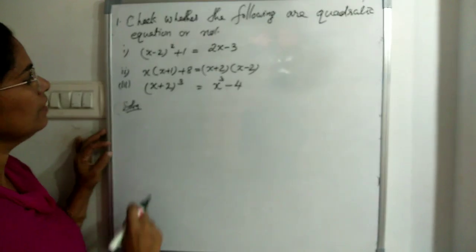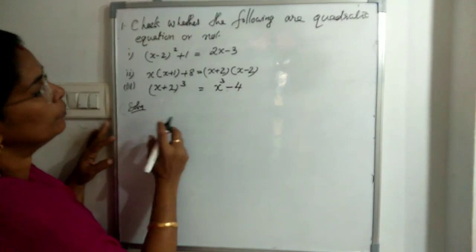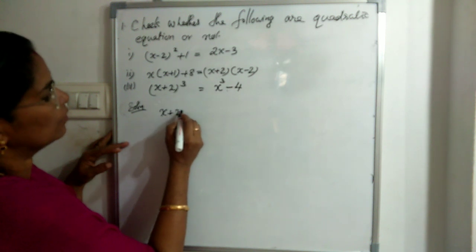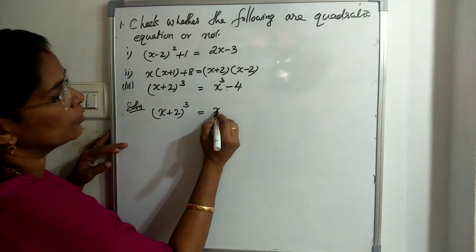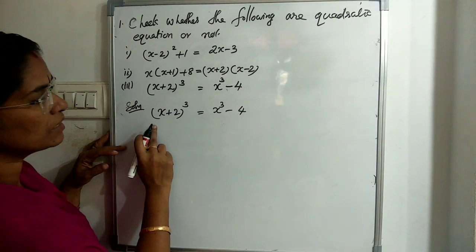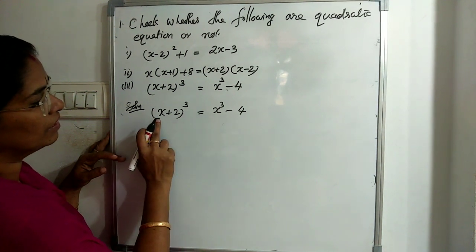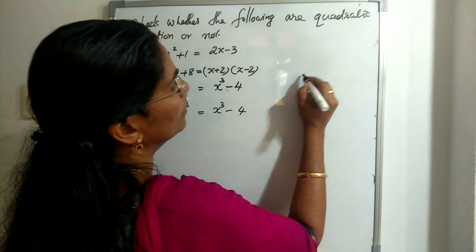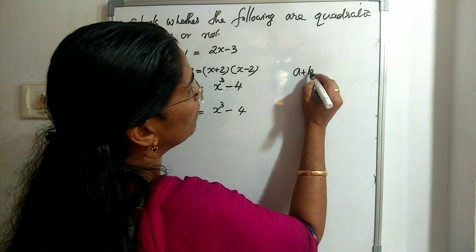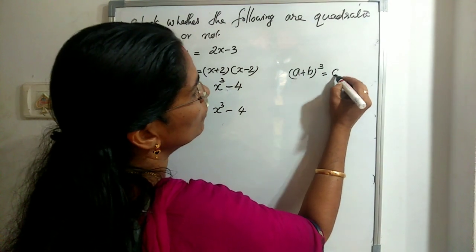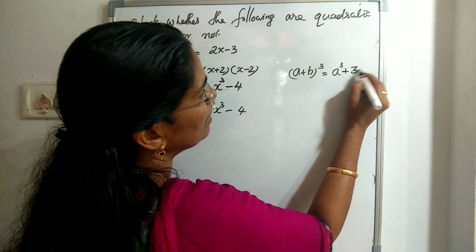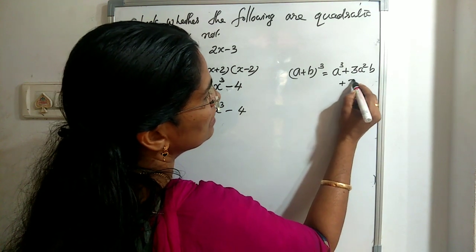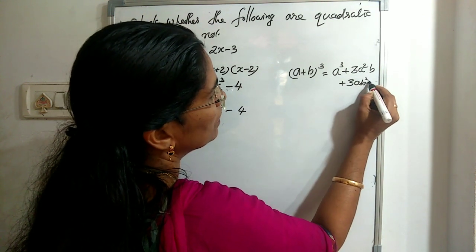Our third question: x plus 2 whole cube is equal to x cube minus 4. Here it is a cubic form. Which identity do we have to use? A plus b whole cube. Are you remembering now? A plus b whole cube is equal to a cube plus 3a square b plus 3ab square plus b cube.